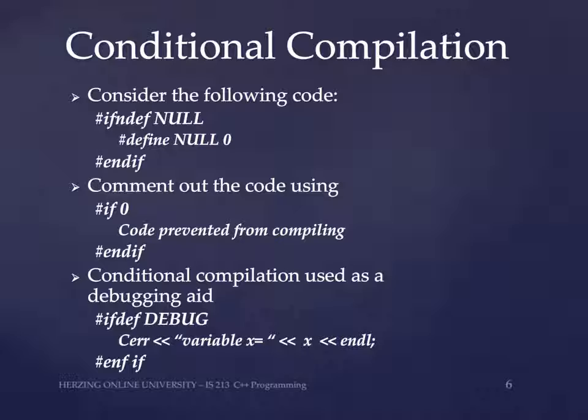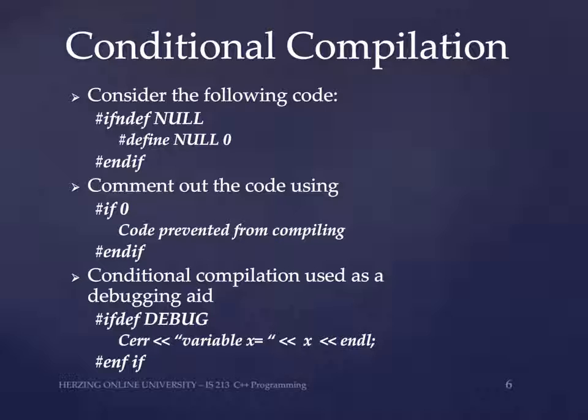Another good feature of conditional compilation is that it can be used as a debugging aid, where output statements are often used to print variable values and to confirm the flow of control. These output statements can be enclosed in conditional preprocessing directives, so the statements are compiled only until the debugging process is completed.